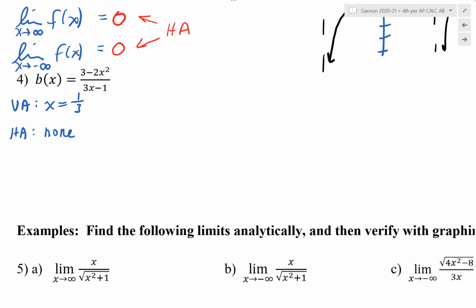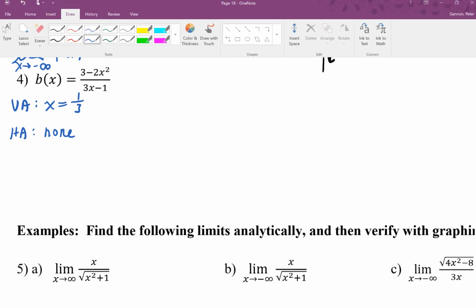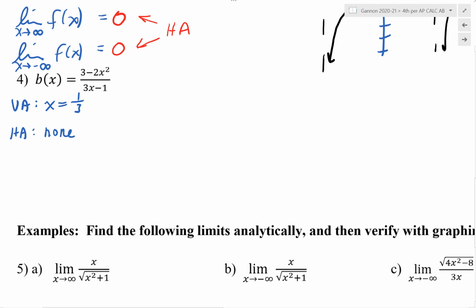The quickest way in this case is actually going to be to do synthetic division. Not synthetic division, we have to do long division in this particular case. So in using long division, we're going to have 3x minus 1 dividing into -2x squared plus 0x plus 3.